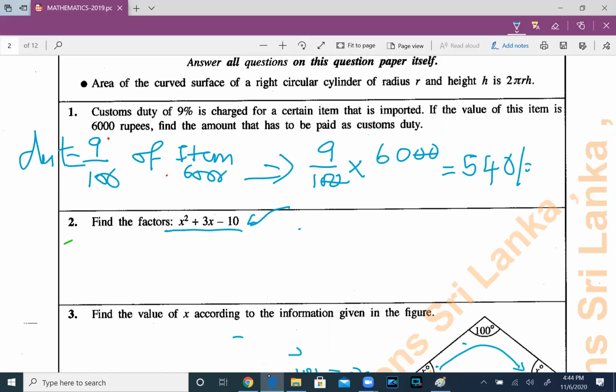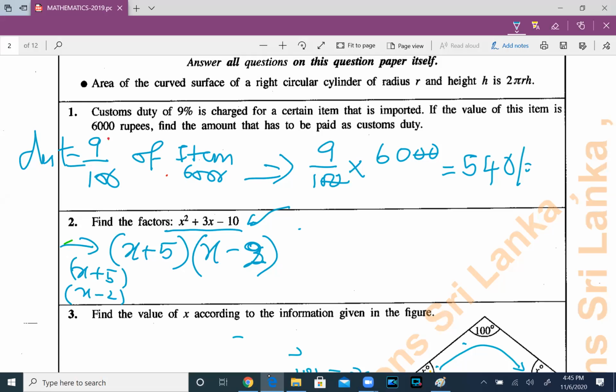So the factors are going to be x plus 5 and x minus 2. Finding the factors means one is x plus 5 and the other one is x minus 2. After factorizing, only then can you find the factors.